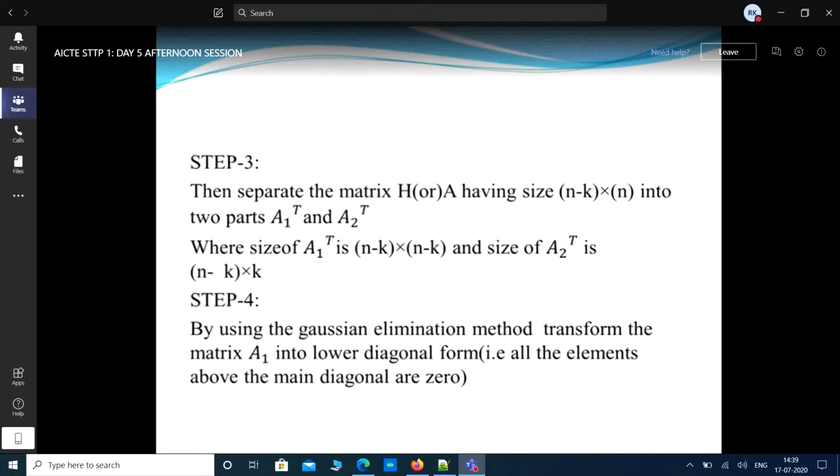Lower diagonal form means all the elements above the main diagonal are 0. Above the diagonal, all elements should be 0 only. Let us consider an example, it is easy to understand.